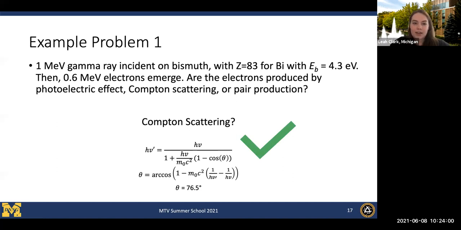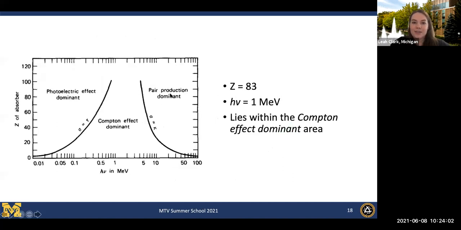Now, some of you might have just looked at this and seen what's most likely to occur, where the dominant area is. Again, we have our incident photon, 1 MeV, right in the middle, and our Z value is 83. We go up, and it fits within this Compton effect area.